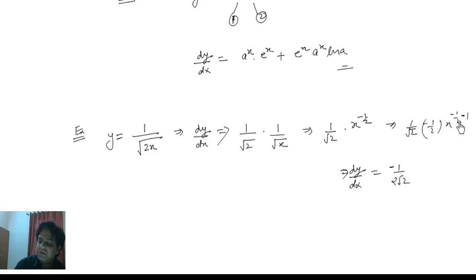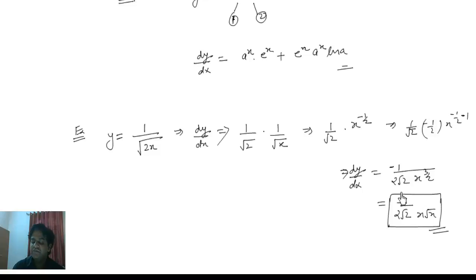And x to the power minus 3 by 2, which when taken in the denominator can be written as x to the power plus 3 by 2, or you can simply write it as 1 by 2 root 2 x root x. So this is the answer for the differentiation of 1 by root 2x. x is in the root itself and 2 is also underneath, right? So this way we can differentiate any function. Let's take some more examples.